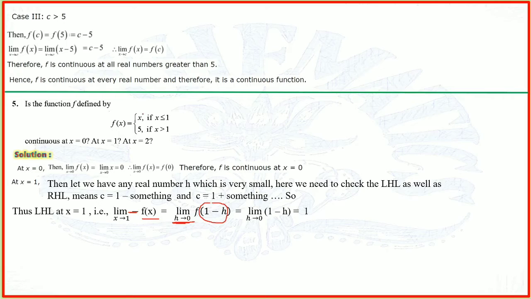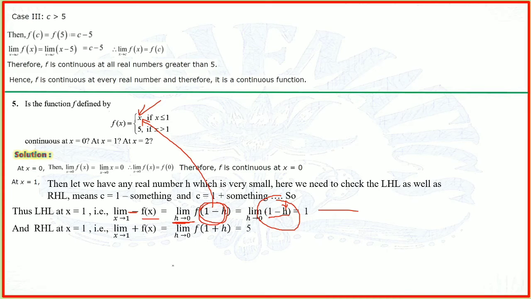Since we are taking left hand limits, the function's value will be x only. So limit h tends to 0 of x, with x replaced by 1 minus h, that is 1 minus h. Now taking limit h tends to 0, h becomes 0 and 1 is as it is, so 1. Equation number 1, you can say this.